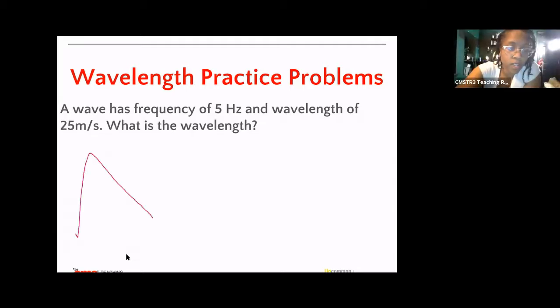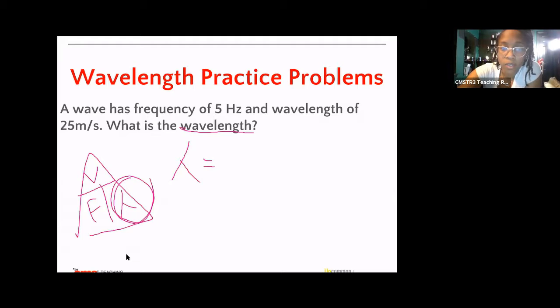Again, looking at our triangle, velocity, frequency, wavelength. For this time, if we're trying to find wavelength, that means we're trying to find the lambda. So wavelength is going to be our velocity divided by the frequency.